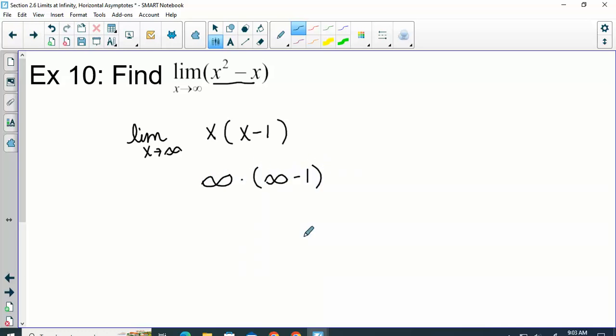If you take 10 million and subtract 1, we still have a really big number, right? So infinity minus 1 is still just a really big number. So here we're just multiplying two really big numbers, so we get a really big number. We're getting very precise here. Big number times a big number is a big number.